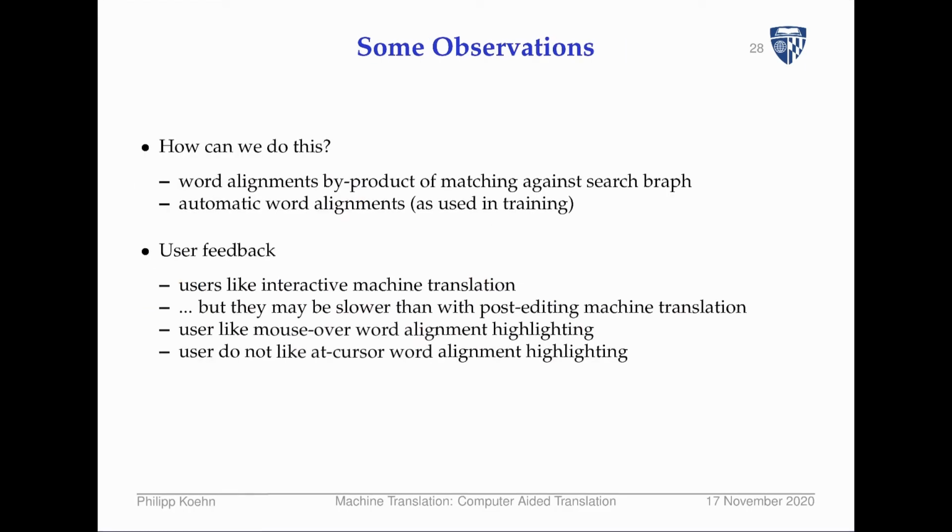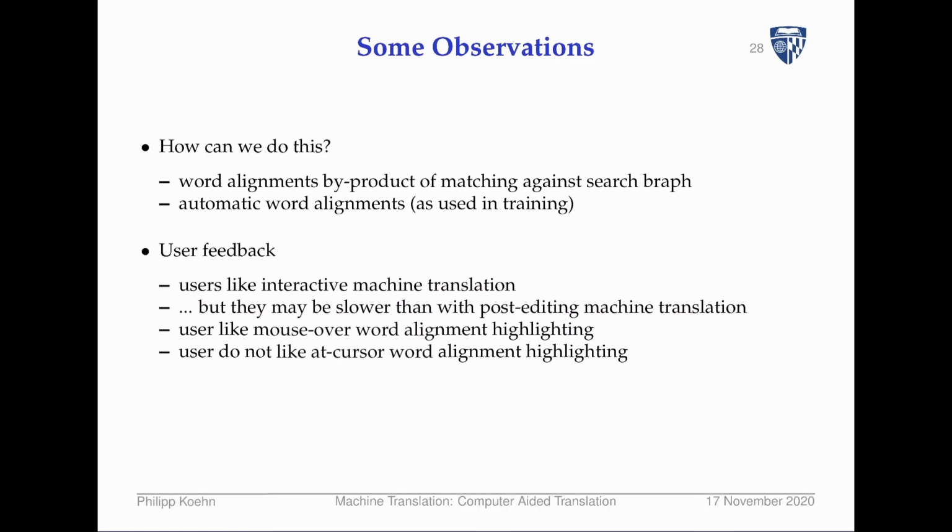So how can we do this? This is actually pretty straightforward. You could view word alignments as a byproduct of the matching against the search graph, because you matched against the search graph, and you know where the search graph was generated from. So that is aligned with the input sentence, so you can match it against that.